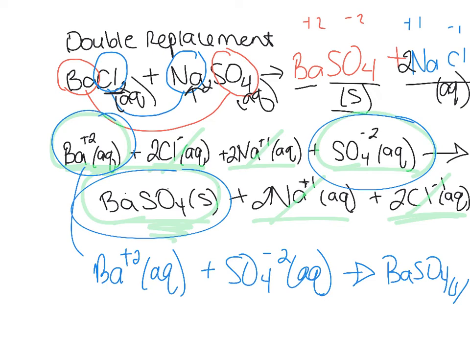So notice that I have AQs on everything, or I have S's. On the complete ionic, I have my charges anywhere that it's an AQ. If it's an S, then I just write it like normal.